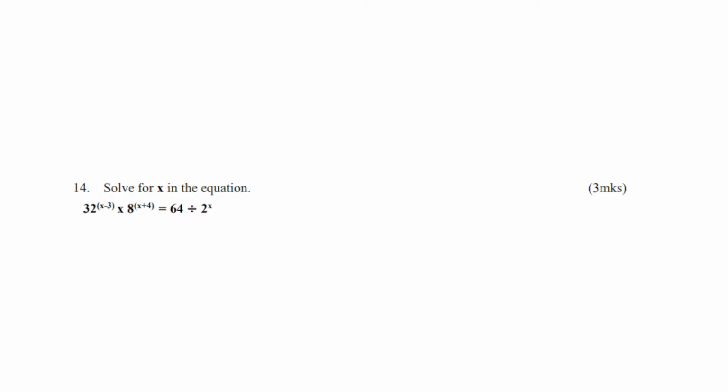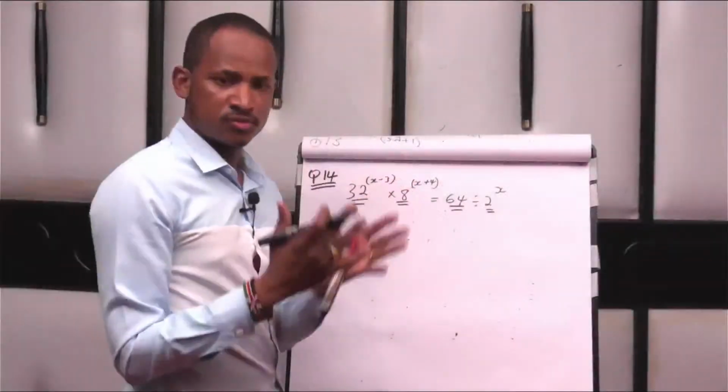So you are told to solve for x. We can see the bases are different, so make them the same base because these are indices. Once they are the same base, you collect their powers. If they are multiplication, you add their powers; if they are division, you subtract their powers.